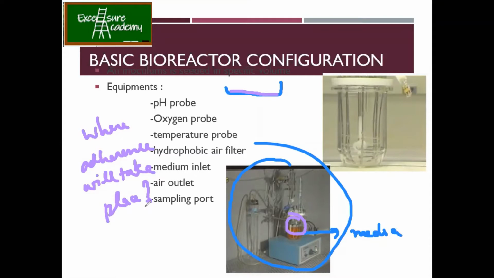See, if it was bacteria, the bacteria would be here and there in the media, right? For the suspended condition, it is no problem. But we know that in the case of anchorage dependent cells, they need a surface to get attached. So in such a bioreactor, where will it get attached?